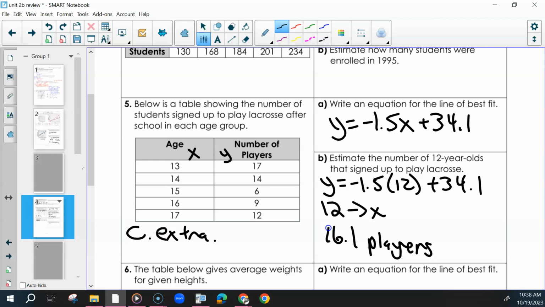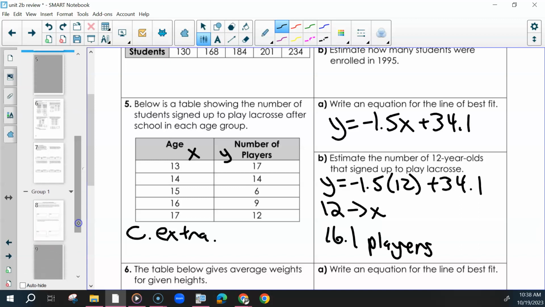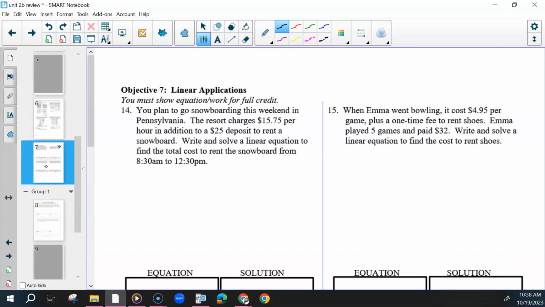Skip to the table. You have to remember your different types. 3 of these are going to be set up as y equals mx plus b. I'm going to rephrase that.